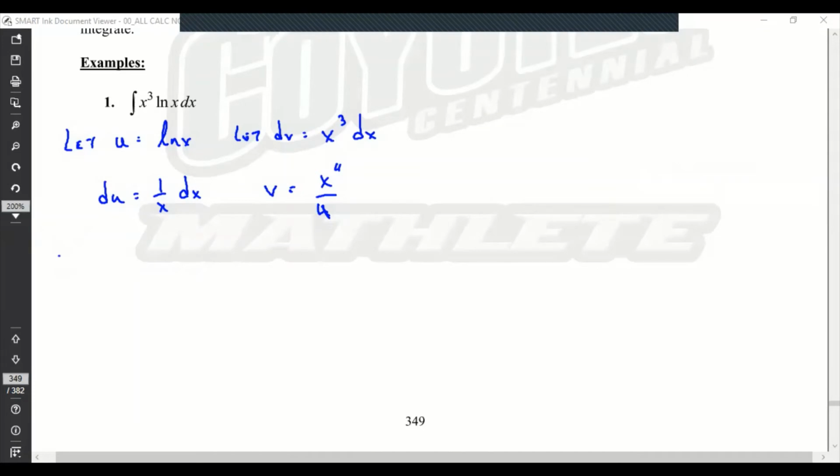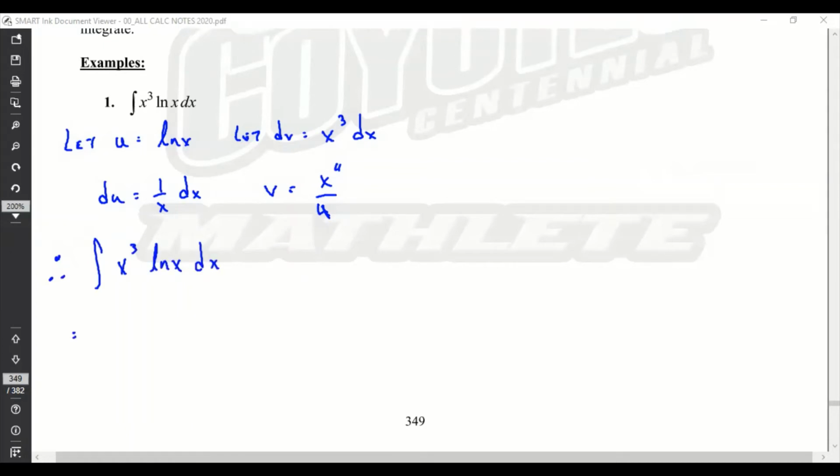So after constructing those pieces, this question, the integral of x cubed ln x dx, is equal to the integral of u, which is ln x, and the other part, x cubed dx, is dv. So this is the integral of u times dv, which is equal to u times v minus the integral of v times du.